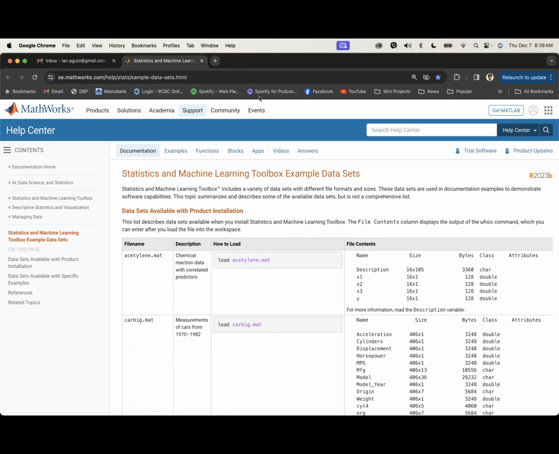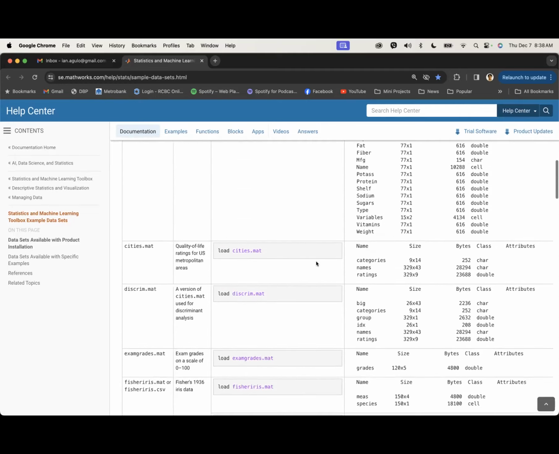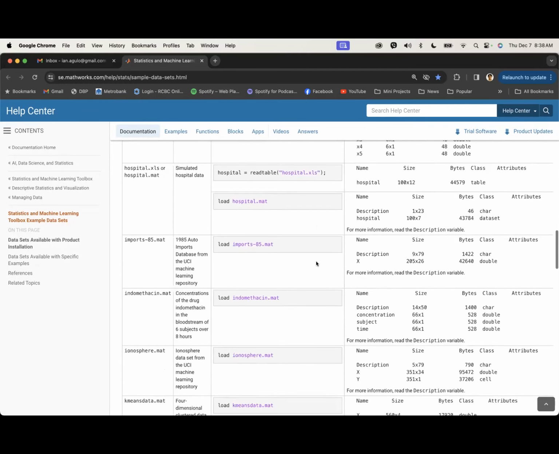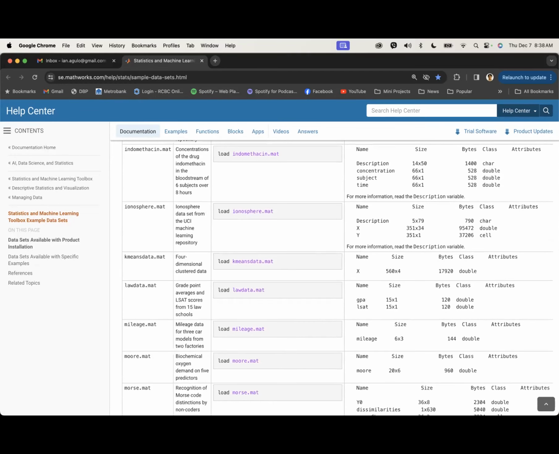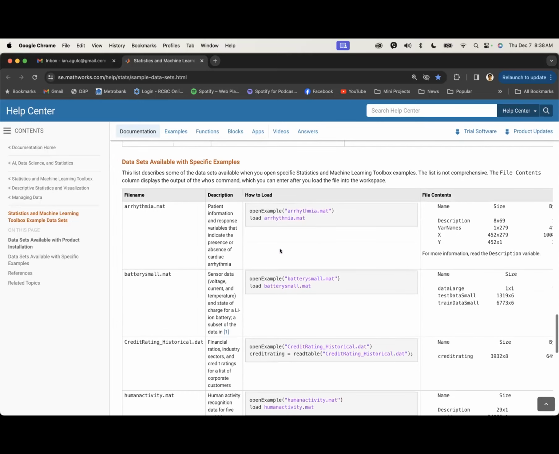So ito yung isang dataset na available sa MATLAB. Pwede niyo nang i-call yan kahit na wala sa folder ninyo. Hindi niyo na kailangan i-download sa folder.